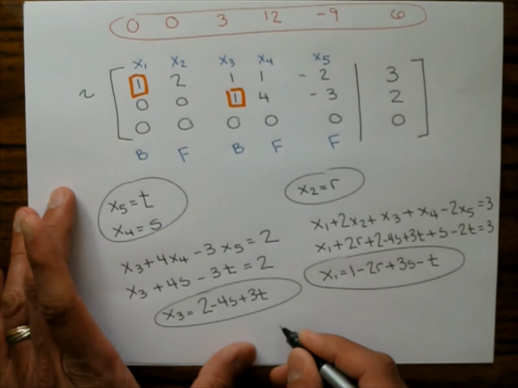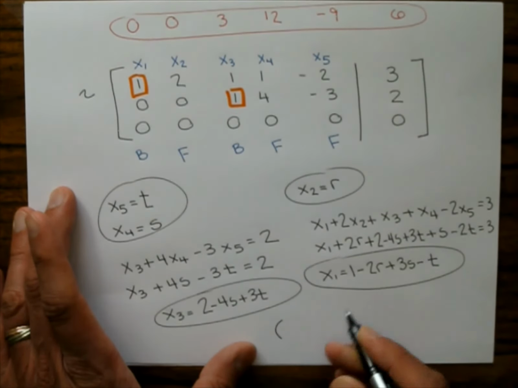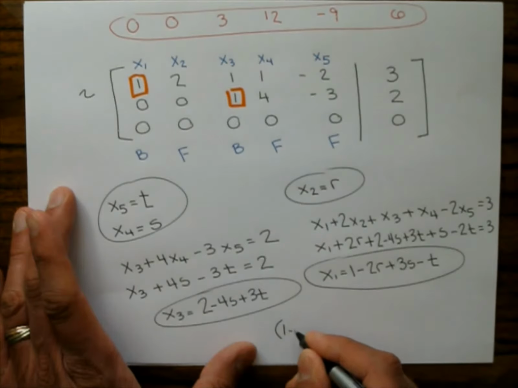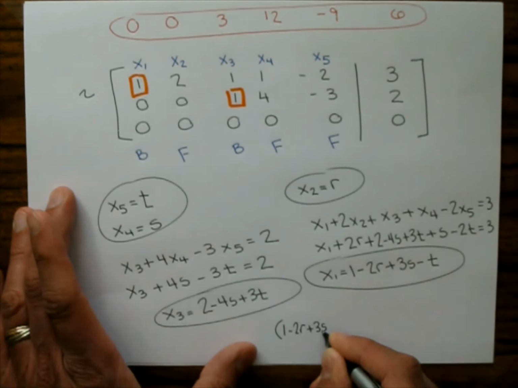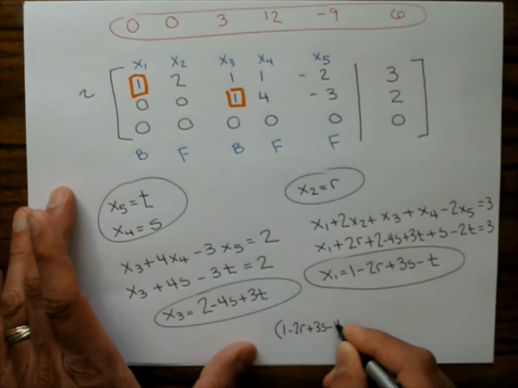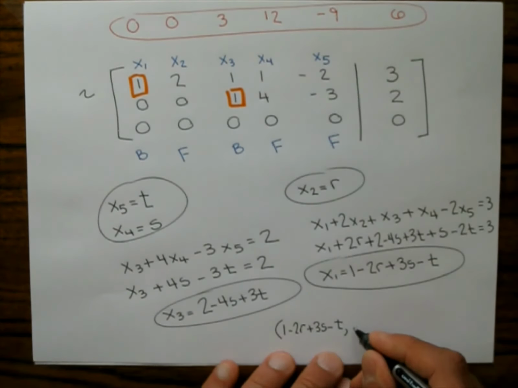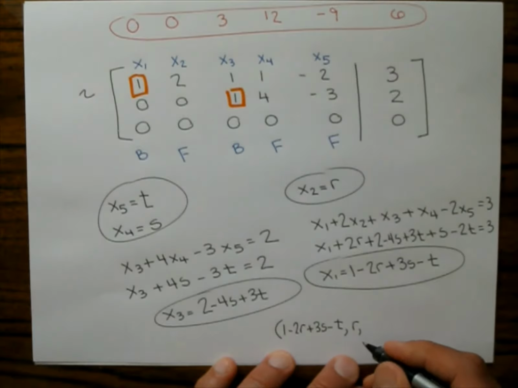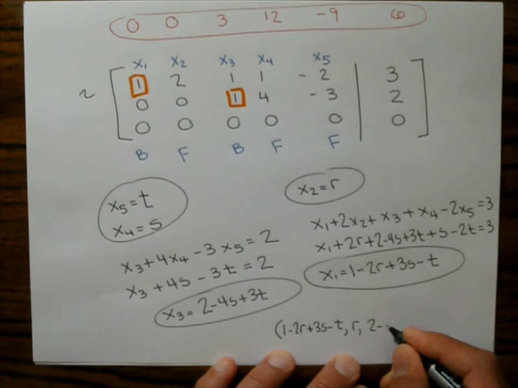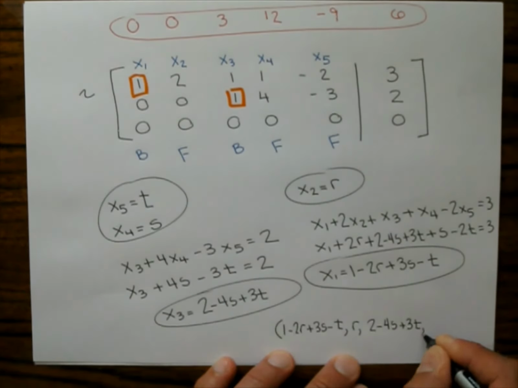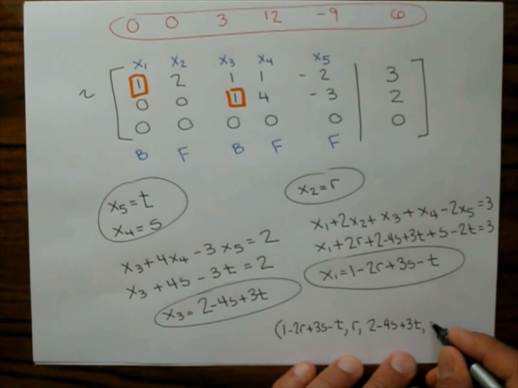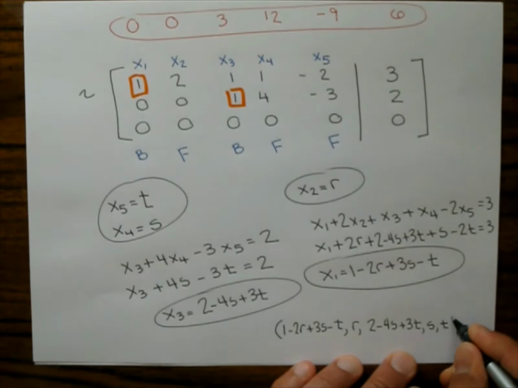Oh well, my answer is going to be a 5-tuple with x1 first, so this is 1 minus 2r plus 3s minus t. The second part will be r. The third part will be 2 minus 4s plus 3t, comma, and then we have an s, and then a t.